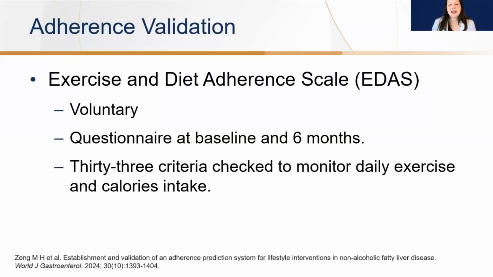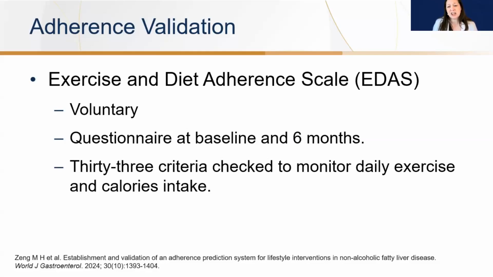There is a scale that we can use called an exercise and diet adherence scale. It's voluntary, so I will typically give this to our patients at the first visit after we've made the diagnosis of MASLD, and encourage them to use this to track their improvement over time. We'll get it at baseline and do it every 6 months.